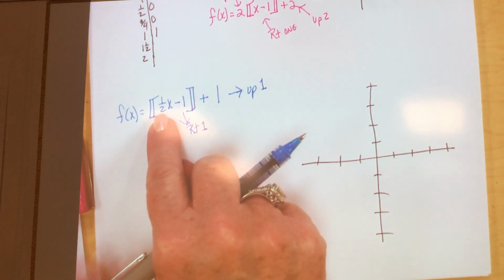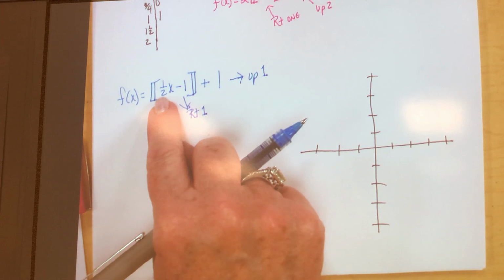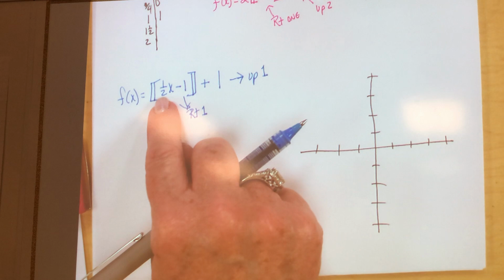Y'all, anytime they put something in there on the X, it's probably gonna be weird. Okay? And it's gonna be one of the more difficult skills. So this 1/2, is it a horizontal or a vertical transformation? Horizontal. Y'all, if it has to do with the X, it's going to do the opposite of what you think.